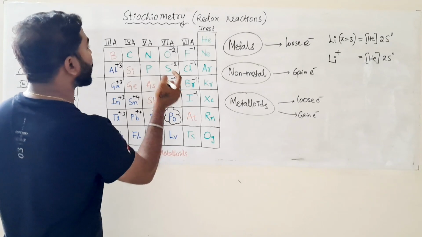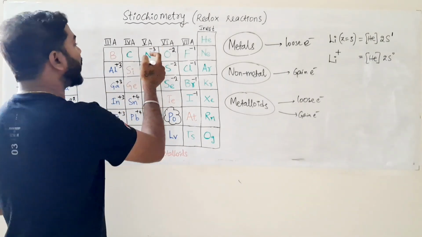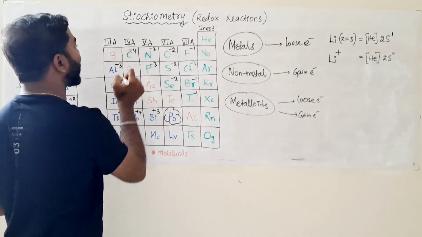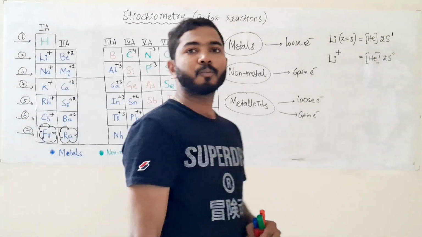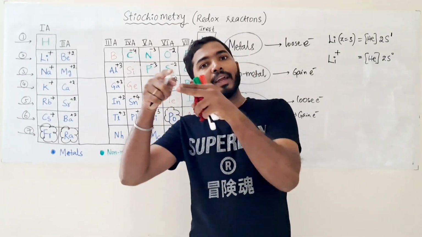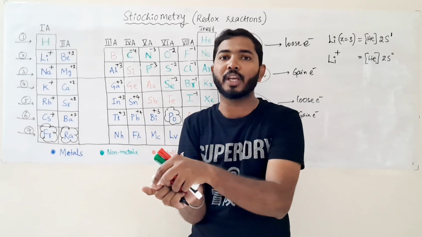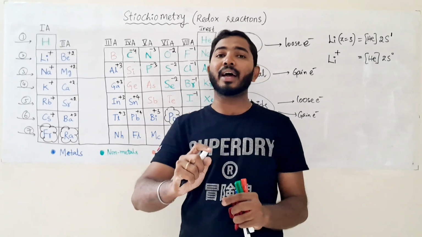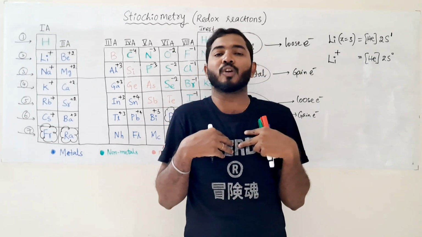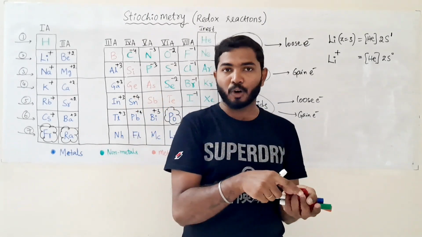Now moving to nitrogen, a non-metal in the 5A group, it has 5, so it wants 3. Phosphorus also, and then carbon. Carbon is present in 4A, so we generally think that it has 4 valence electrons. It wants 4, and is there anyone ready to give 4?